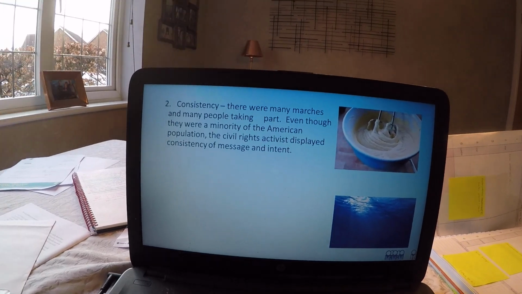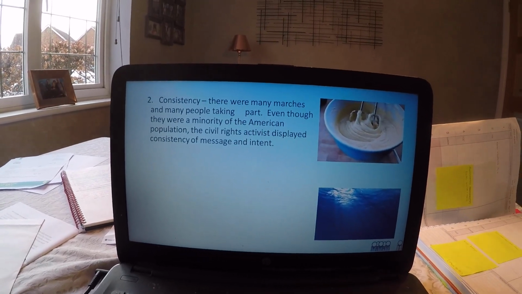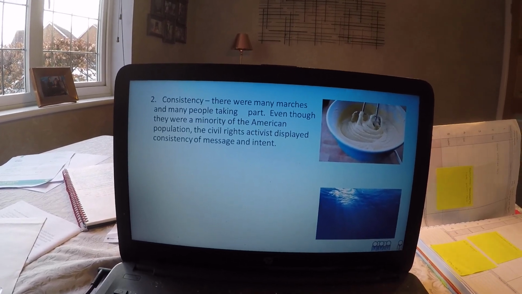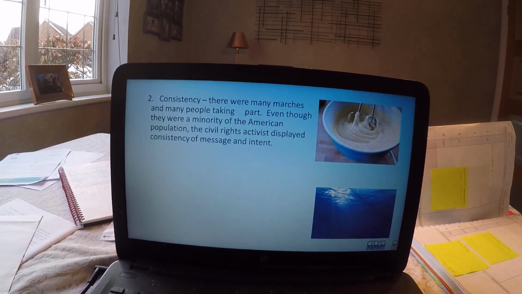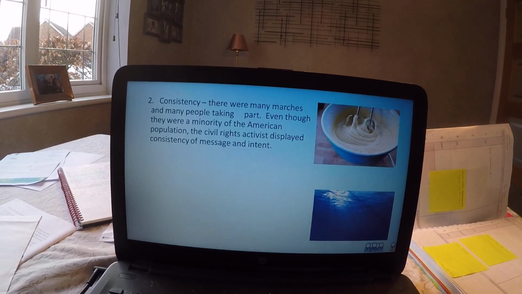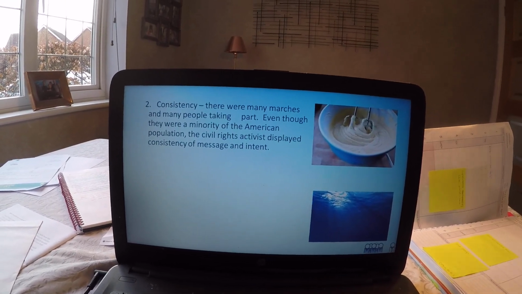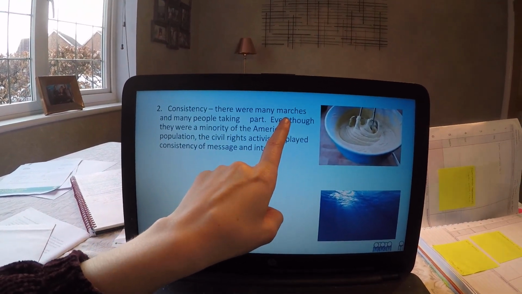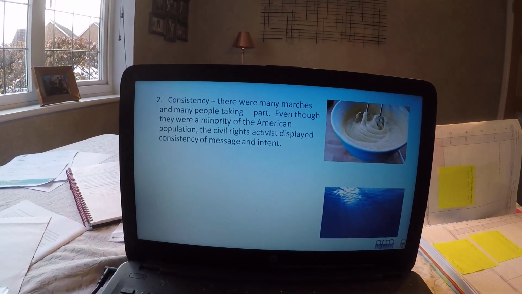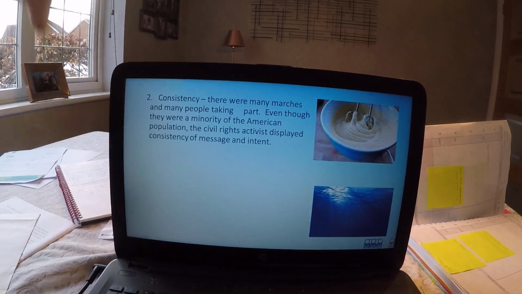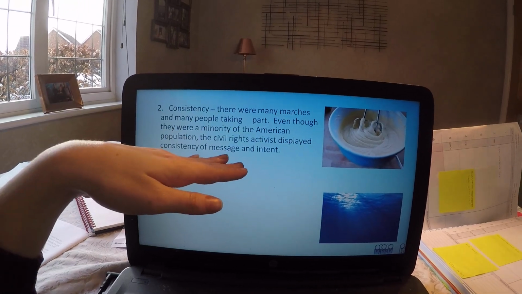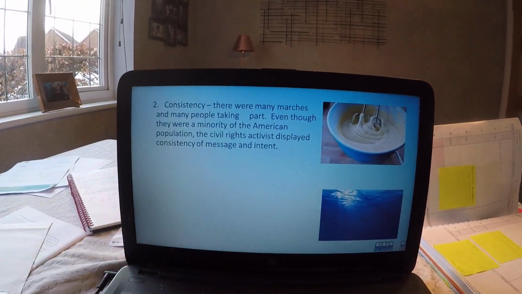So say if I came to school one day and I said, hey, year 12, I want everyone to just start talking about mental health really freely, and that was the last I ever said of it, that's not going to bring about a social change. I need to march. I need to march every day, possibly before school, break, lunch, after school. I need to keep consistent with what I want, the message I want to get across, and what I want to come from it.